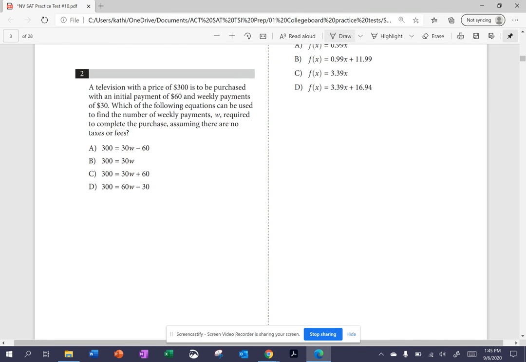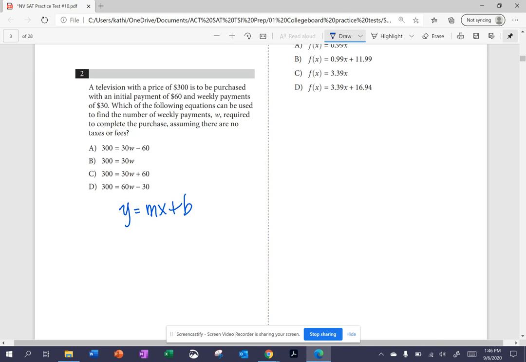Number 2. A television with a price of $300 is to be purchased with an initial payment of $60 and weekly payments of $30. Which of the following equations can be used to find the number of weekly payments w required to complete the purchase, assuming there are no taxes or fees? This is a linear equation where I'm using y equals mx plus b.